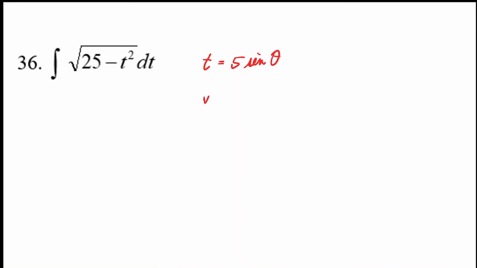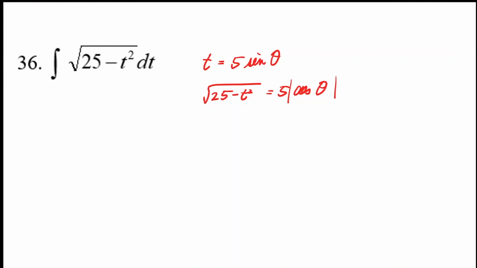So then this thingy, 25 minus t squared will be 25 minus 25 sine squared, so it becomes 5 cosine theta. Good. Do we need absolute values around this? Is the question now. What do you say? You don't. Why is that?